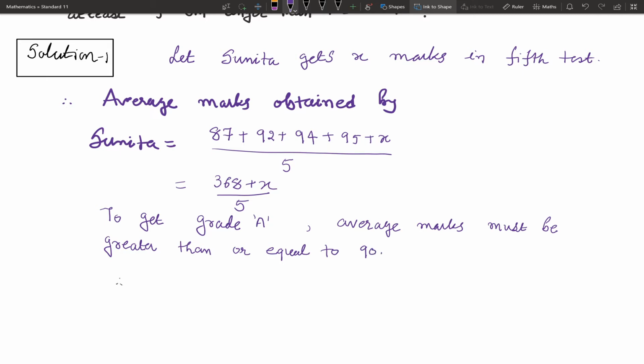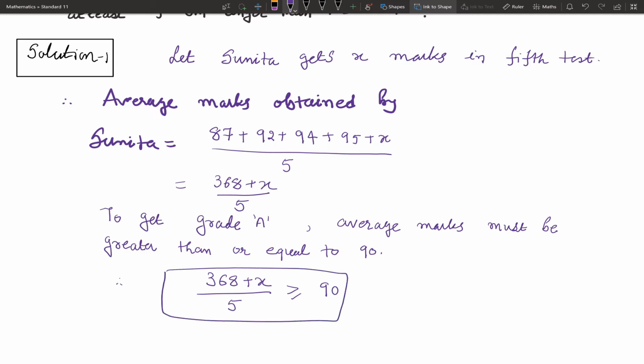Therefore 368 plus X upon 5 is greater than or equal to 90. So first we form the inequality. Now let us solve this inequality.